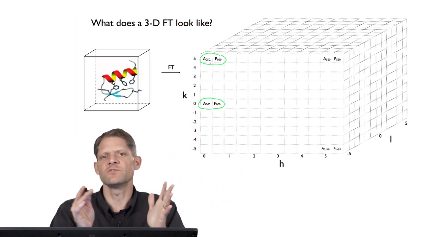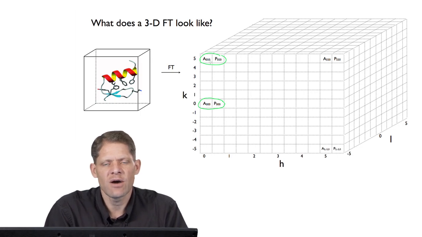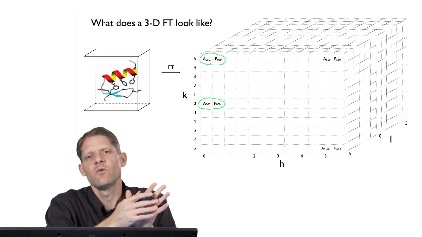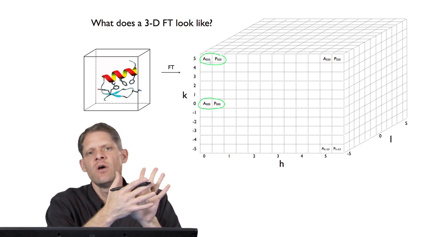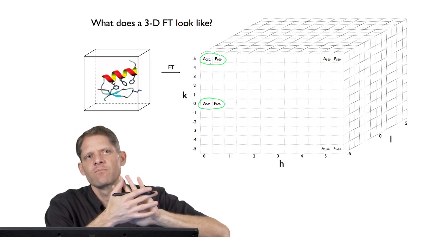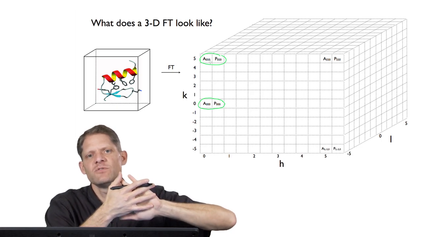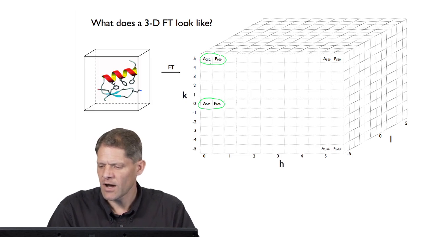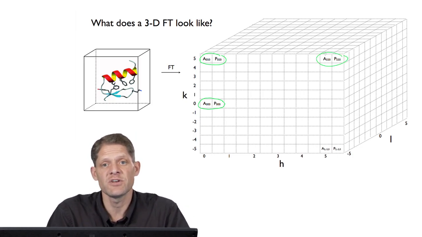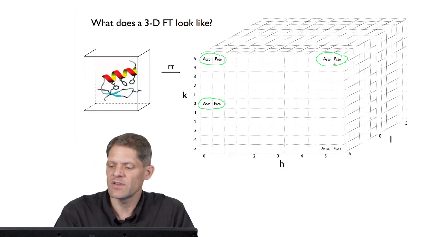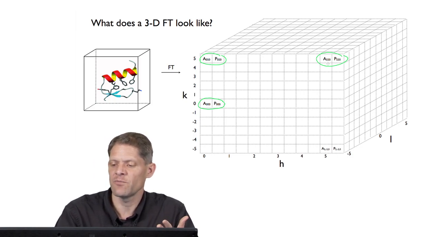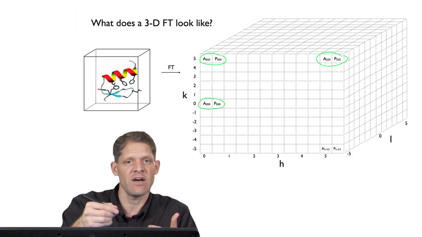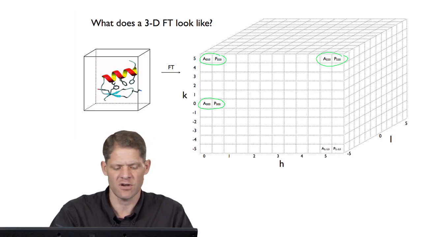So it would be one of those flat waves that we drew whose crests were parallel to, in this case, the y equals 0 face of the cube. All of these pixels represent specific three-dimensional sine waves.